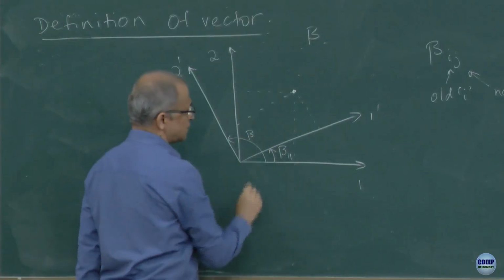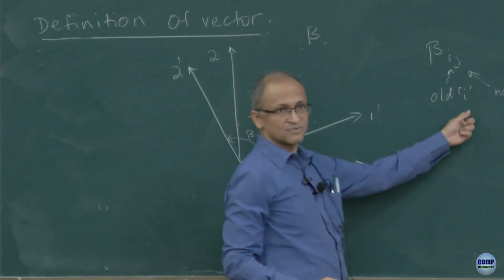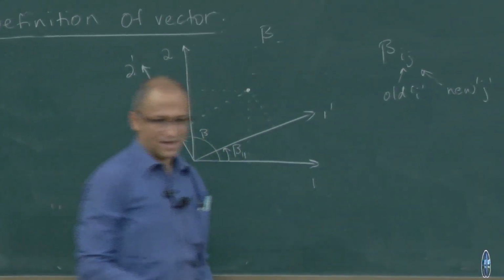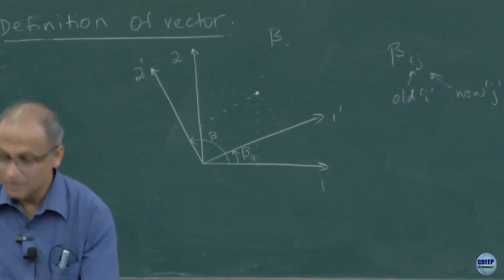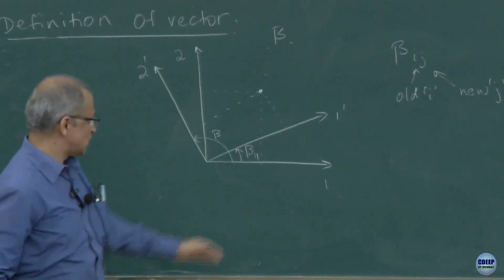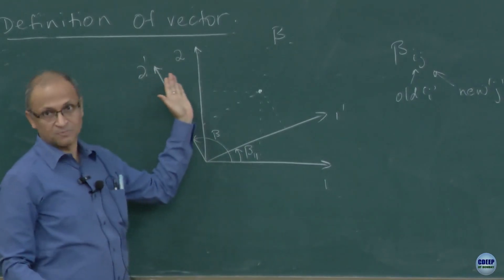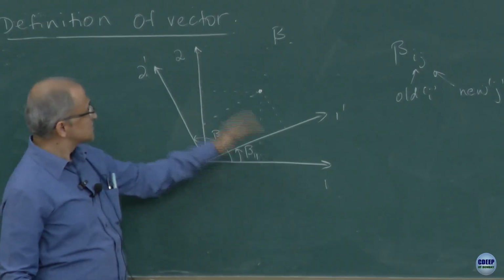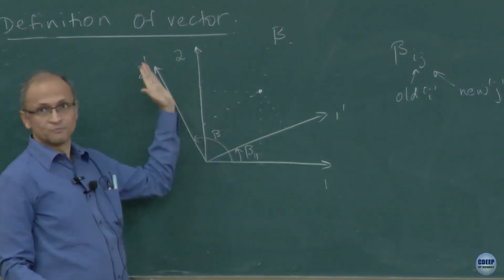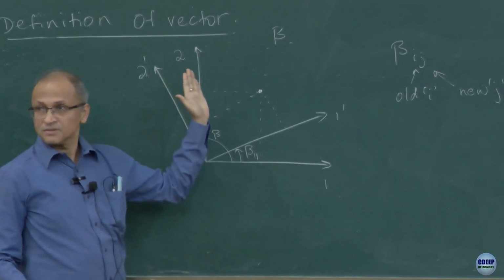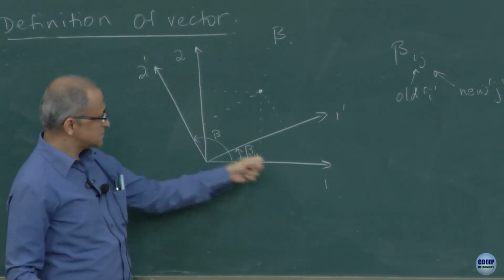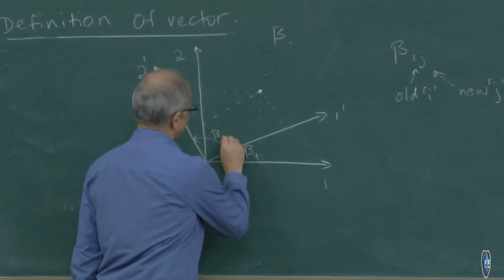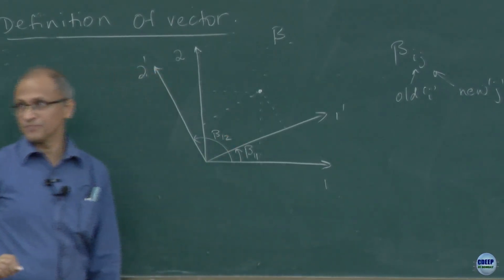How will I write it? I've already said I will write it in old i and new j. Old is 1 and 2, new is 1 prime and 2 prime. So this angle I will write as beta 1,2.